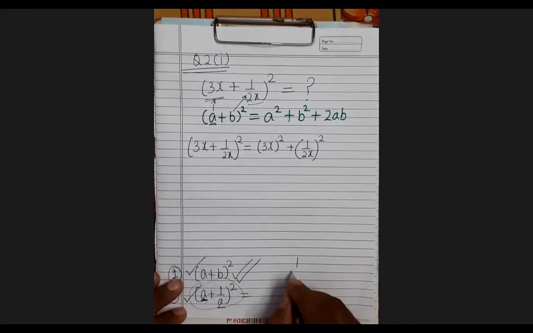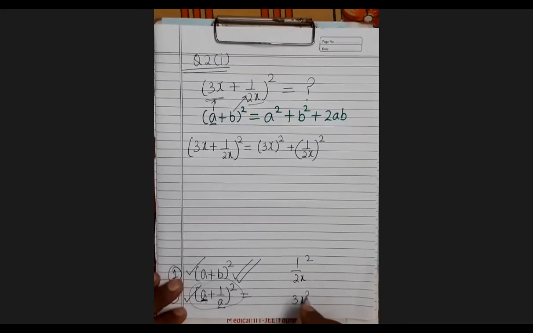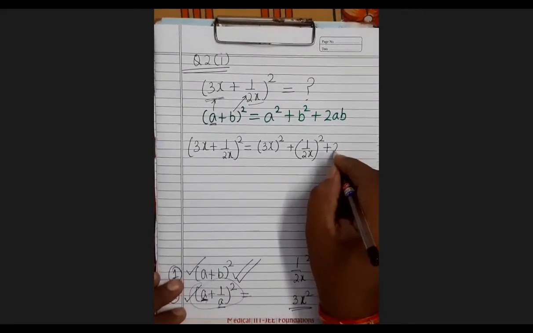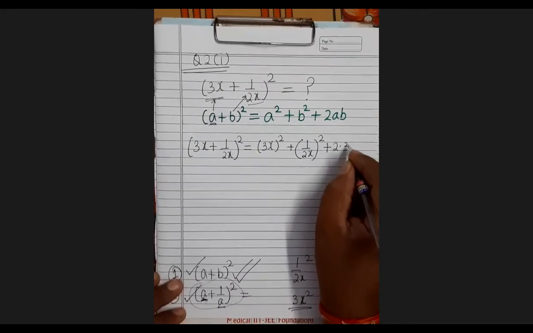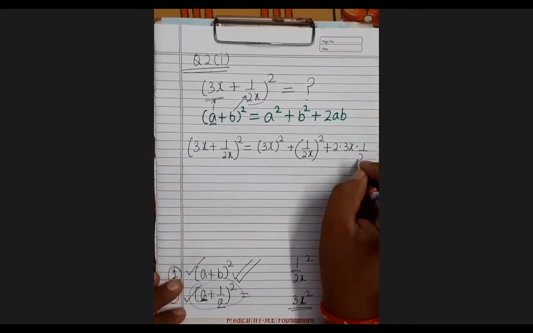Don't write simply like this, 1 upon 2x whole square. Don't write like this. Is it clear? This means it is the square of only x, not of 3. Plus 2 into 3x into 1 upon 2x.